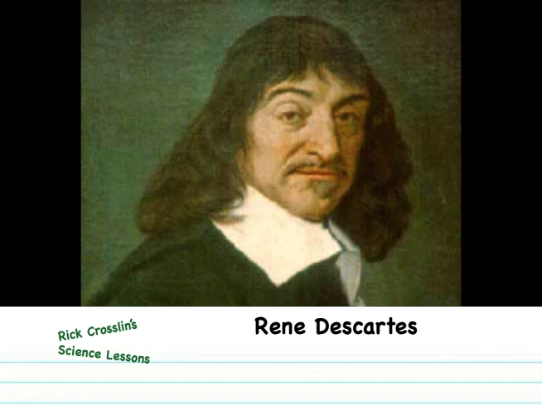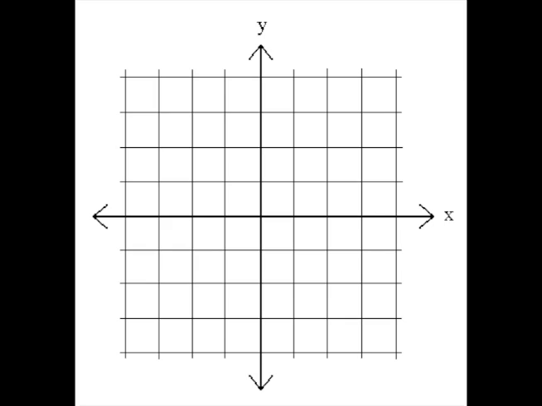The Cartesian Diver is actually named after this guy right here. His name is René Descartes. He's a French philosopher and mathematician. And he came up with not only this, making the Cartesian Diver popular, he is also known for a math system that you use, which is the grid system right here.